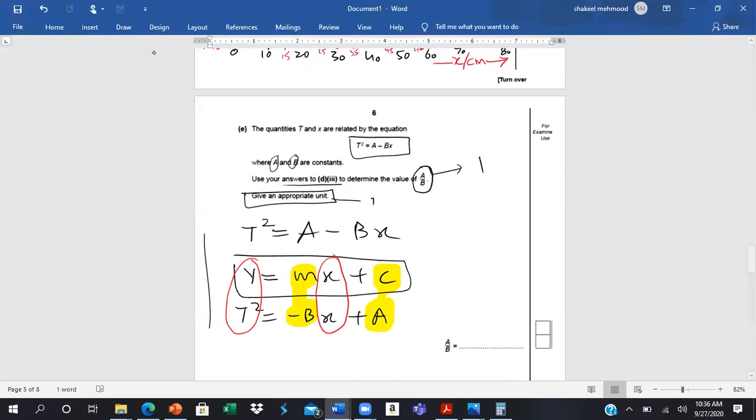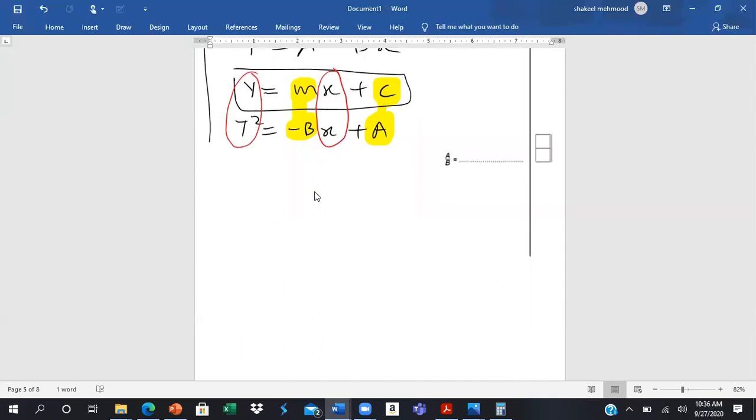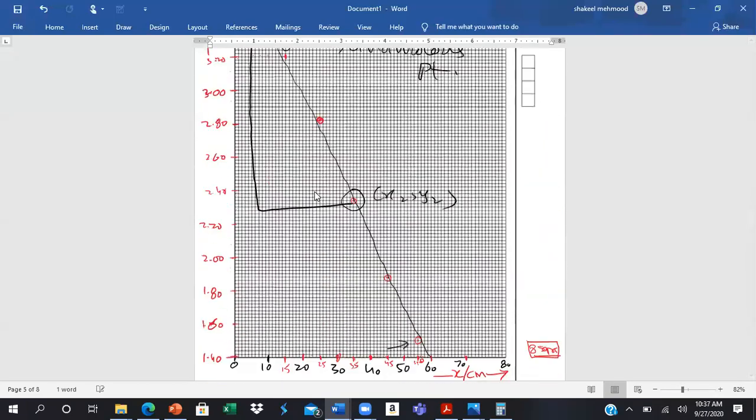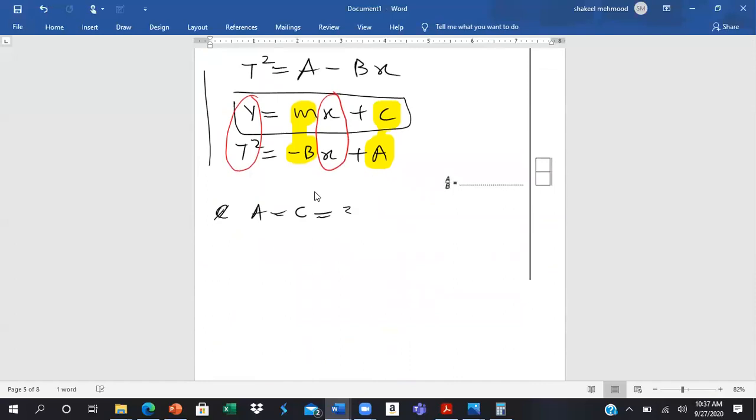So you will simply write that your value of a is equal to y-intercept, and what was the y-intercept? It was 3.78. So 3.78, and the unit for y-intercept is second square, because along y-axis second square is plotted.